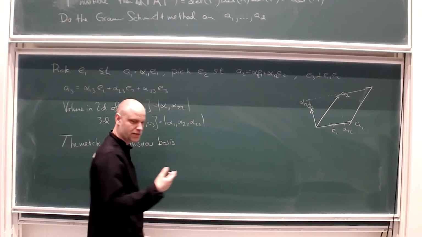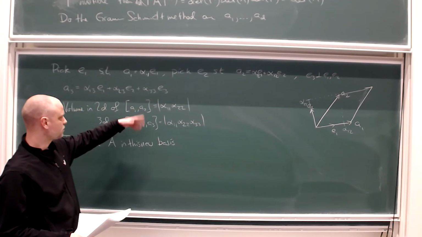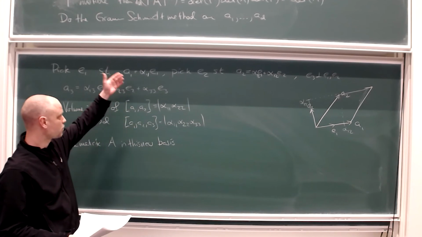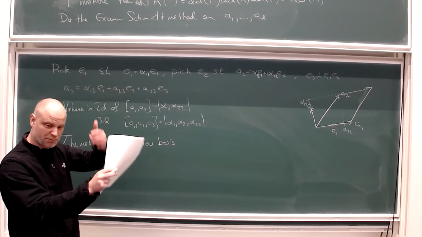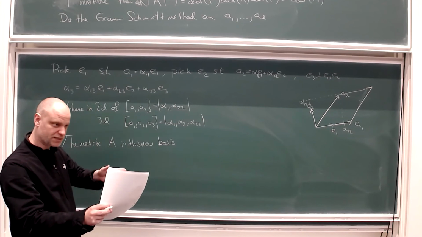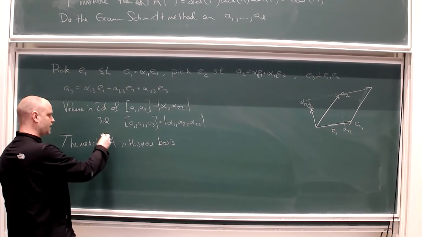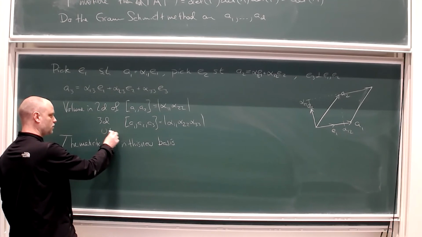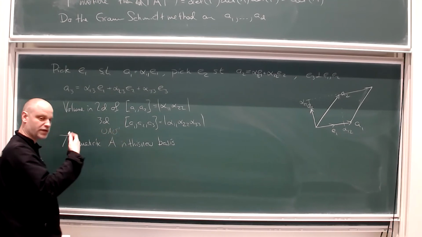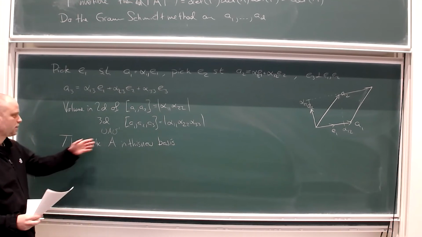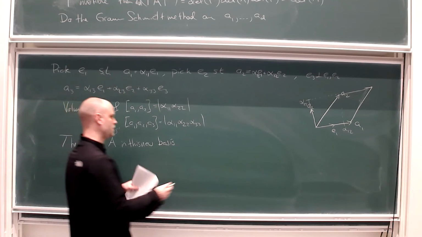So technically, if you call these vectors E1, E2, and if I make a matrix out of these guys as columns, I call that U, then what I'm looking at here is U A U minus 1, right? This is what I mean by the matrix A in this new basis.